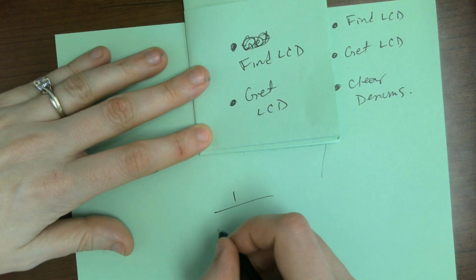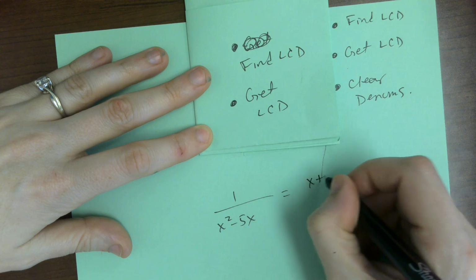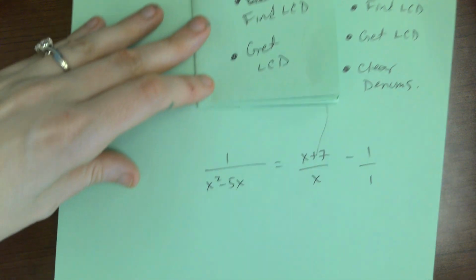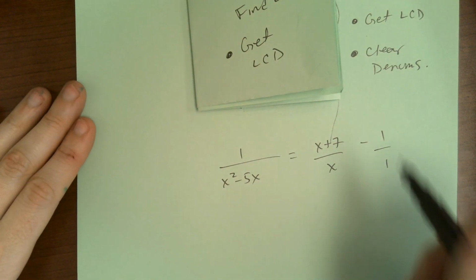All right, but anyway, so here's our problem. 1 over... All right, and I'm going to go ahead and put the 1 over 1 right away. Okay. So guys, the very first move is to find the least common denominator. And in finding that, we could also look at our restrictions.